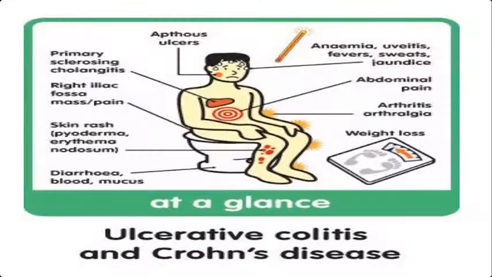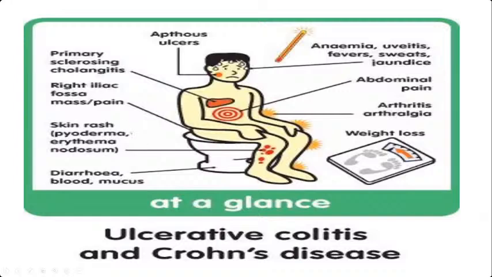At a glance, ulcerative colitis and Crohn's disease. So on the left is Crohn's disease, and on the right, ulcerative colitis. So aphthous sores in the mouth, primary sclerosing cholangitis may accompany inflammatory bowel disease.